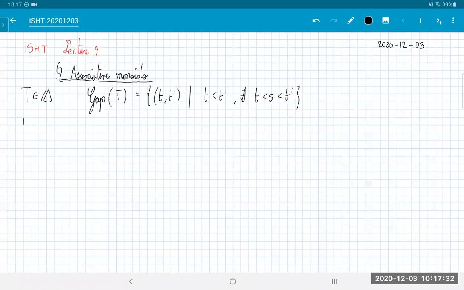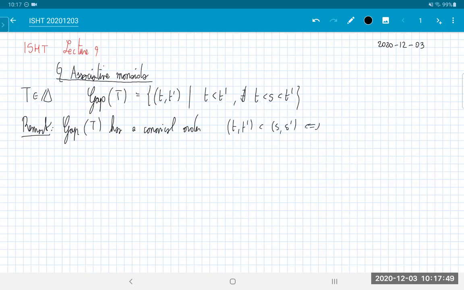And let me actually put a remark that was implicit in what I said last time, but I forgot to say. Gap T has a canonical order. So we have T prime is less than S prime, essentially if T is less than S. And the way you should think of this is, suppose T is, I don't know, this set here.